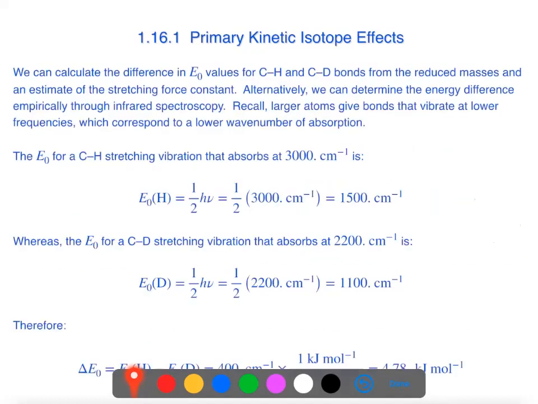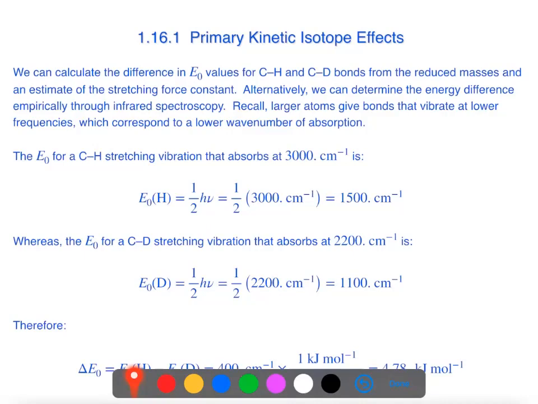Now we can calculate the difference in zero-point energy values for a CH and CD bond from the reduced masses and an estimate of the stretching force constant. Alternatively, we can determine the energy difference empirically through infrared spectroscopy. Recall, larger atoms give bonds that vibrate at lower frequencies, which correspond to a lower wave number of absorption.